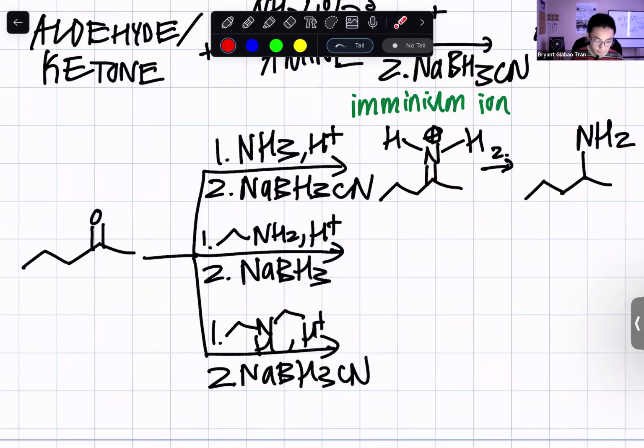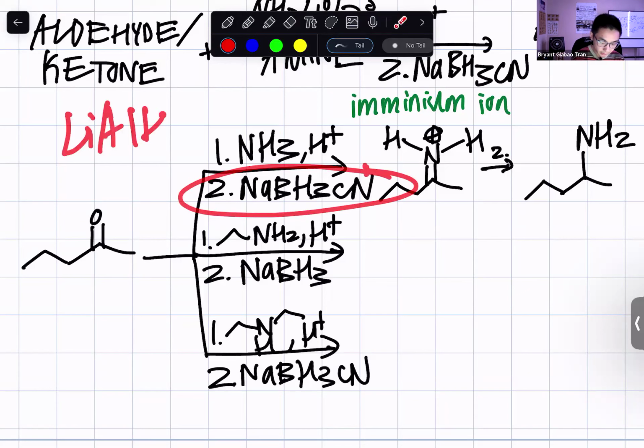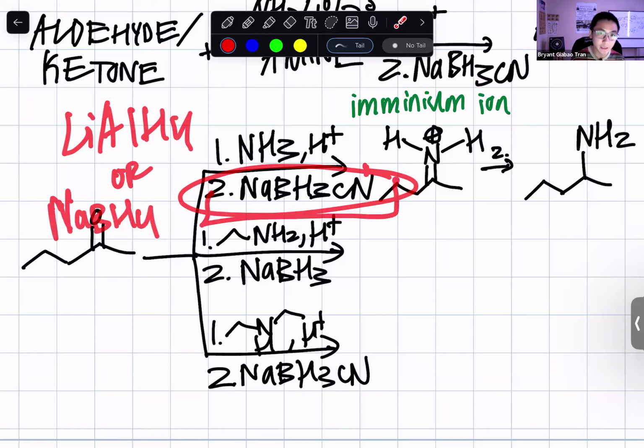The reason why we use NaBH3CN as a reducing agent instead of the other reducing agents like lithium aluminum hydride or sodium borohydride is because NaBH3CN is a weaker reducing agent than these two.